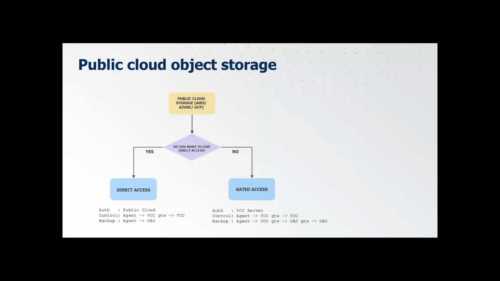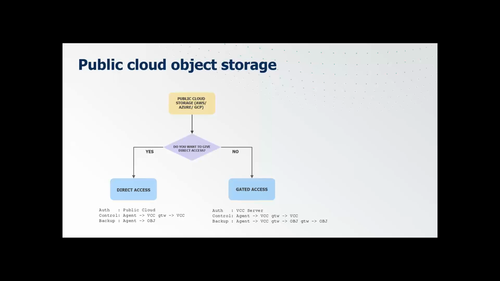Now, the idea is, do you want to give the agent direct access, which means the agent is going to write directly into the object storage using the URL, or do you want to design a gated access, which means data comes in first into Cloud Connect, and then data is sent to the object storage.